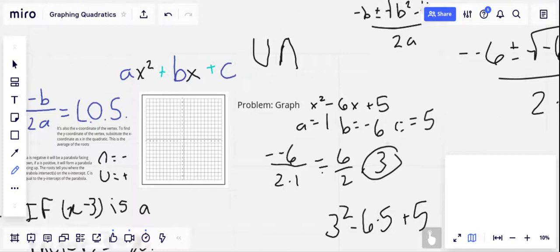We can plug in 3 as x into x squared minus 6x plus 5 to find the y coordinate of the vertex, and thus the entire vertex.